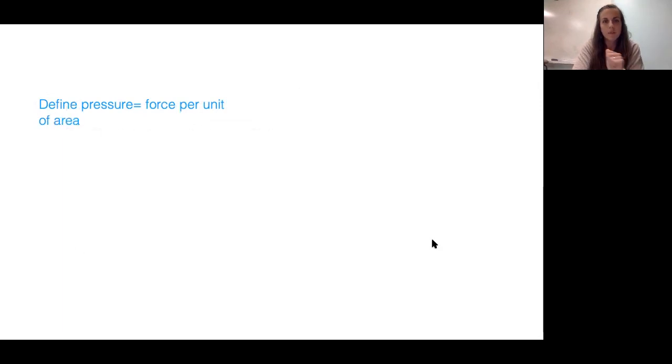I'm sorry, I'm just going to move this so I can type a little bit. Okay, define pressure. The definition of pressure: force per unit of area. I'm not really sure how this works. I was hoping that I could make the box bigger, but for some reason it won't let me.